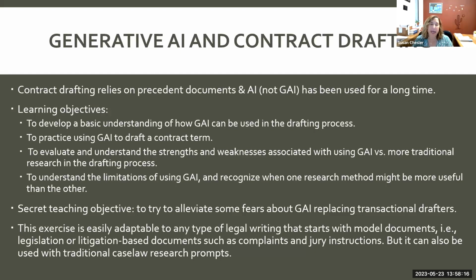For this exercise, I have my students use ChatGPT for a couple of reasons. Number one, it's free. There are some more specific generative AIs that are used for contract drafting, for example, Spellbook. It's free, but I am almost number 38,000 on the wait list to get access, so I didn't think that was very practical.